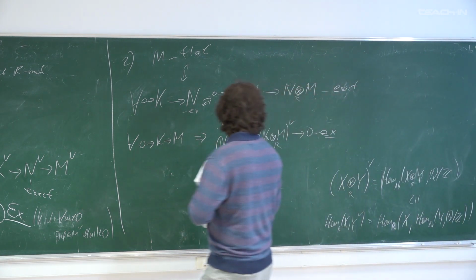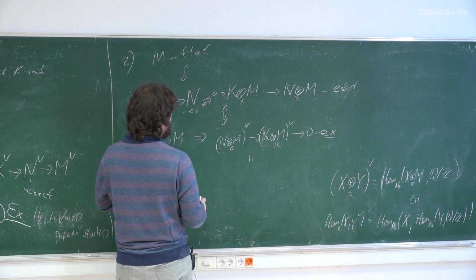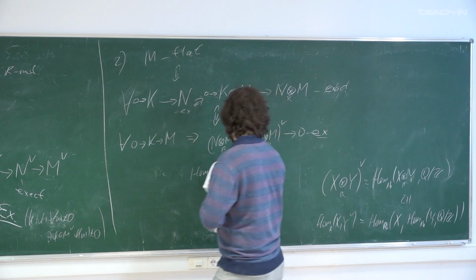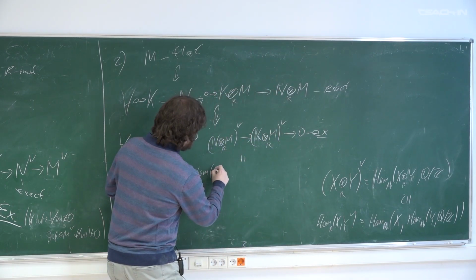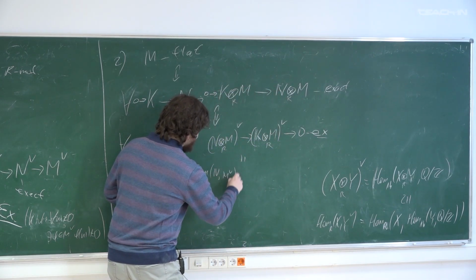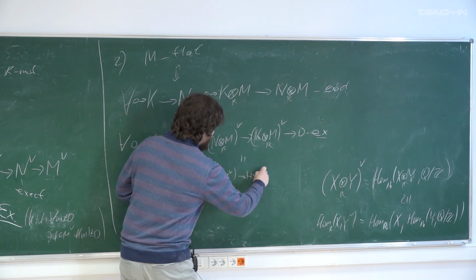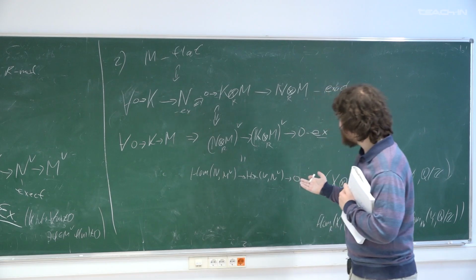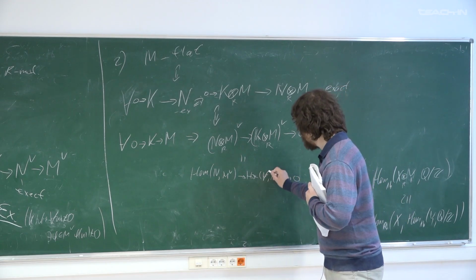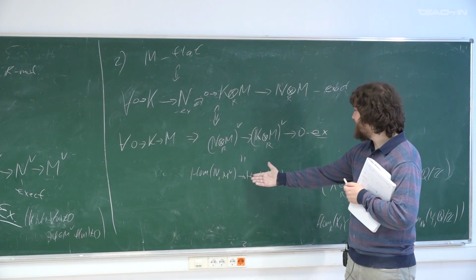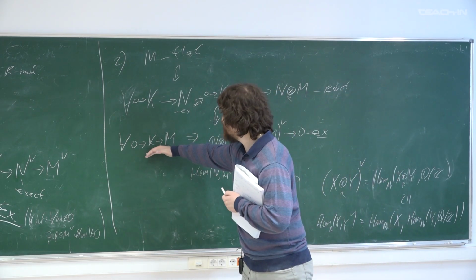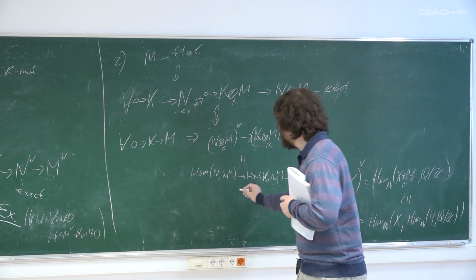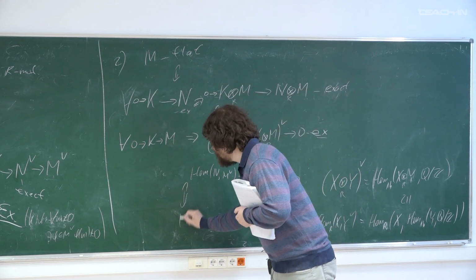So this is just Hom of N, M check, Hom of K, N check, 0. This is just the definition of injectivity of M check. For any injection, I obtain a surjection on Hom to it. It's equivalent to say that M check is injective.